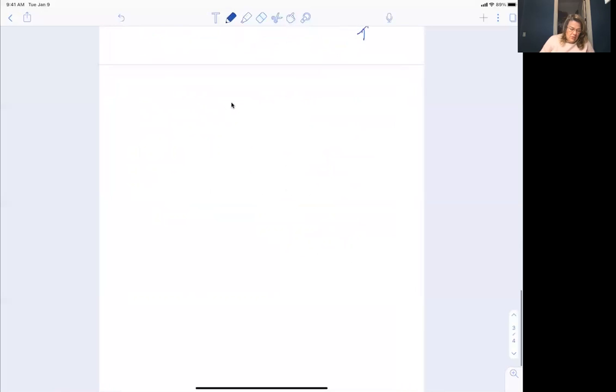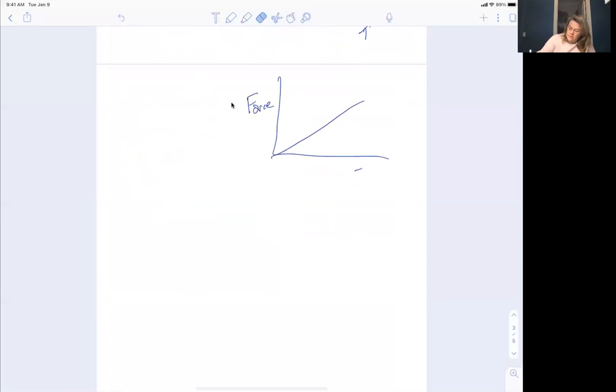Okay, what if I give you a graph of force of a spring versus time? I'm sorry, not time. Versus distance compressed. So the x value. So this is in meters, this is in newtons.